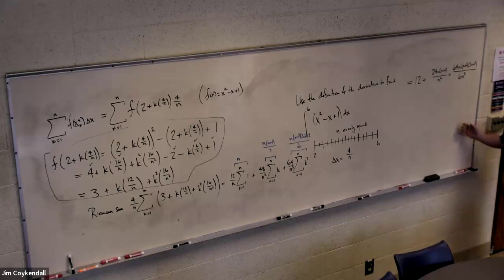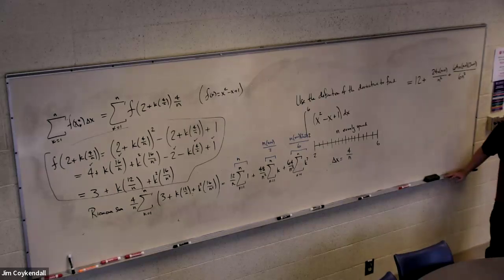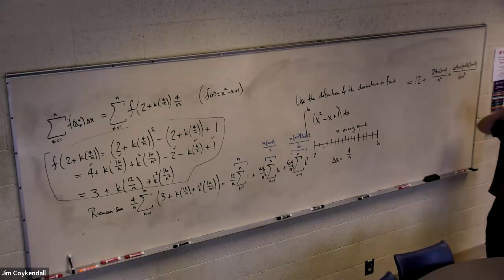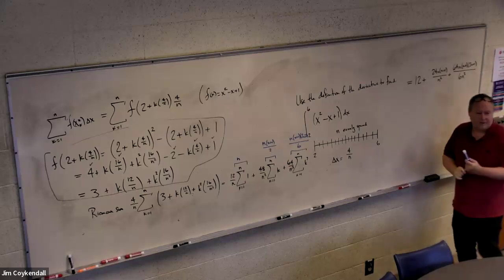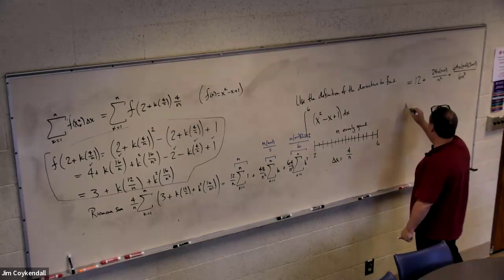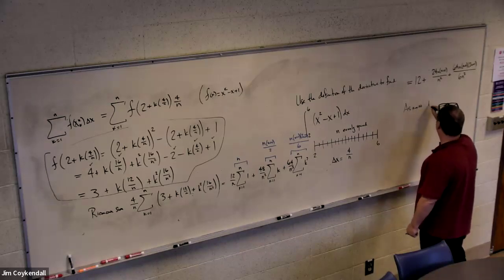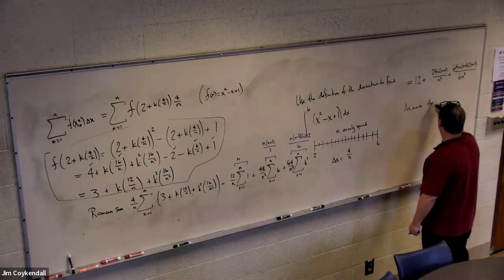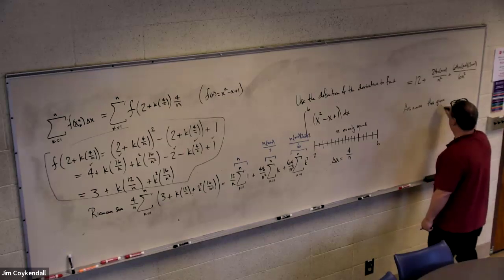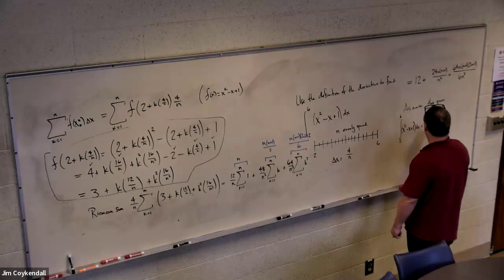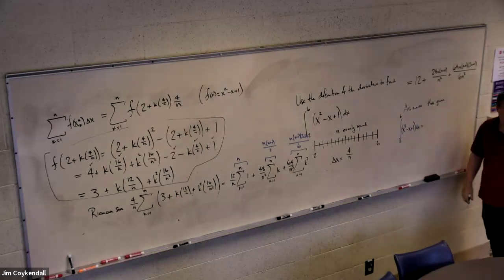This is sort of the apex of the way that I can write the stuff. Up to, I notice I can cancel an n. What happens to this as n goes to infinity?